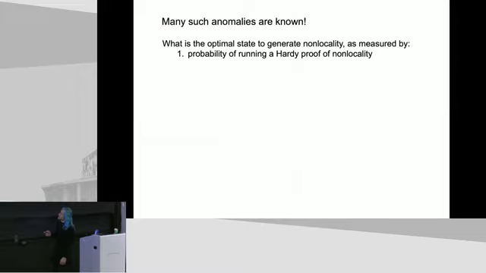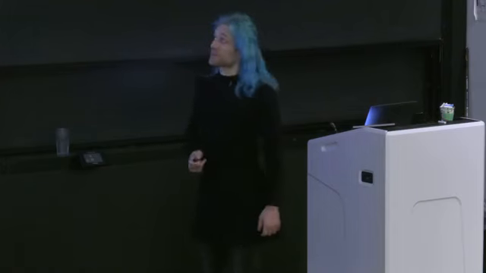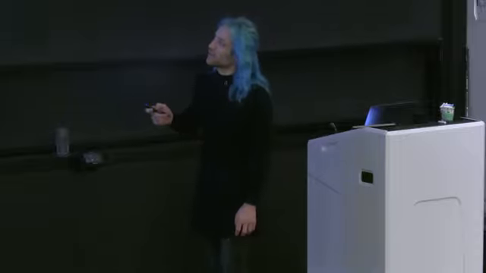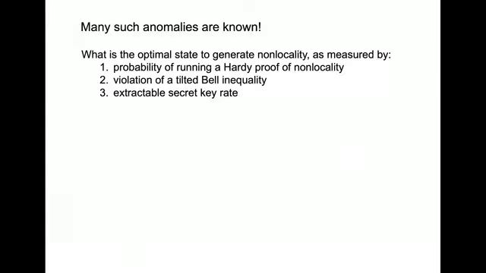If you ask what is the optimal quantum state to generate non-locality as measured by the probability of getting a Hardy proof of non-locality, that's the example I just gave, or the violation of a particular Bell inequality called a tilted Bell inequality, or the extractable secret key rate. So this is a measure of non-locality that's related to some actual operational tasks that people care about. Or if you want to find just the relative entropy distance from the local set, etc.